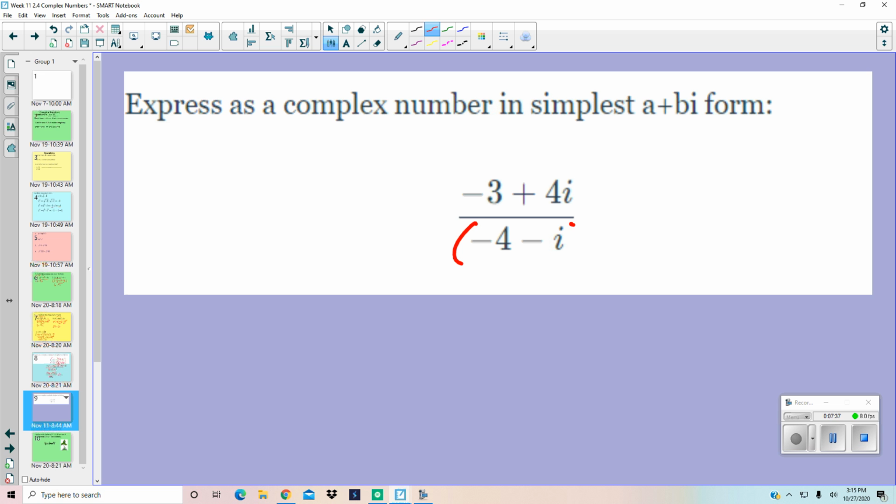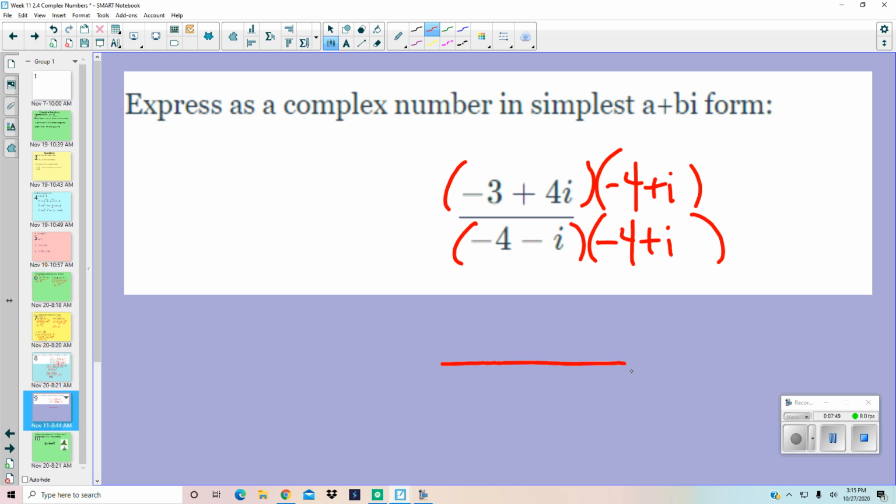This one's actually easier because the numbers are smaller. So I multiply by the conjugate, which is negative 4 plus i. So in the numerator, I'm going to get 12 minus 3i minus 16i plus 4i squared. In the denominator, I'm going to get 16.